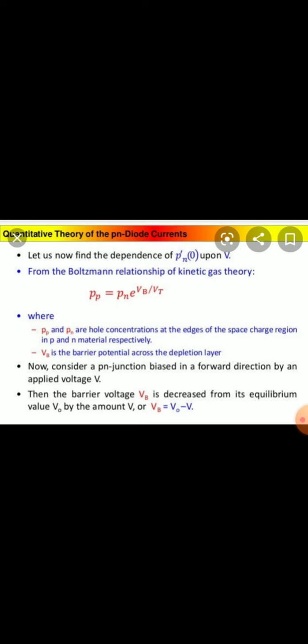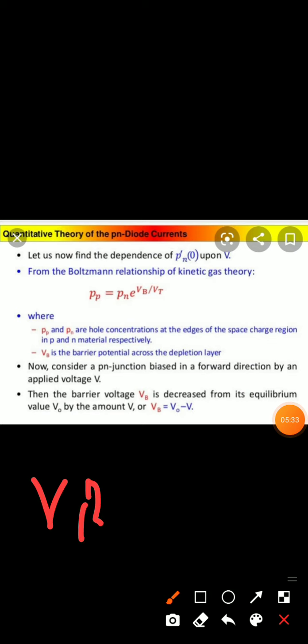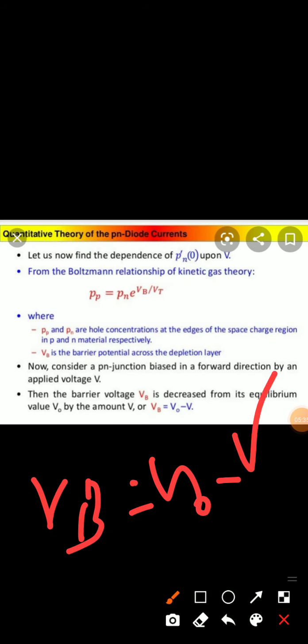VB is the barrier potential across the depletion layer. Consider a PN junction in forward bias by the applied voltage. Our barrier voltage decreases from its equilibrium value. Therefore VB is equal to V naught minus V.